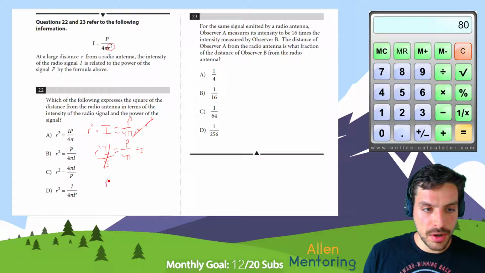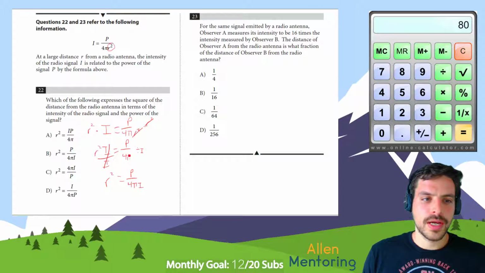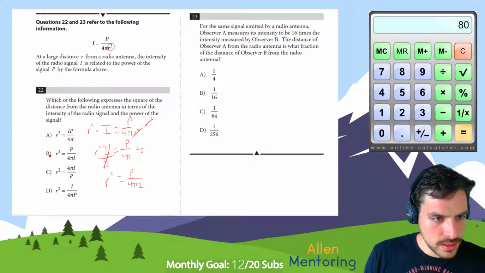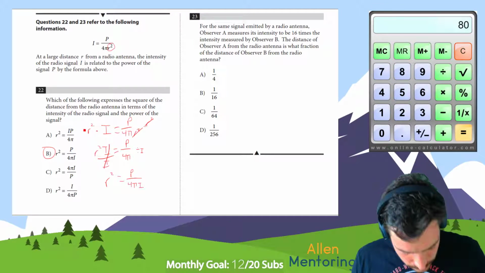So in this case, r squared is equal to P over 4 pi I. You see how when we divide this fraction by I, we can just attach it to the denominator. All right, so which of these choices looks like this? I believe it's B. All right, pretty good.